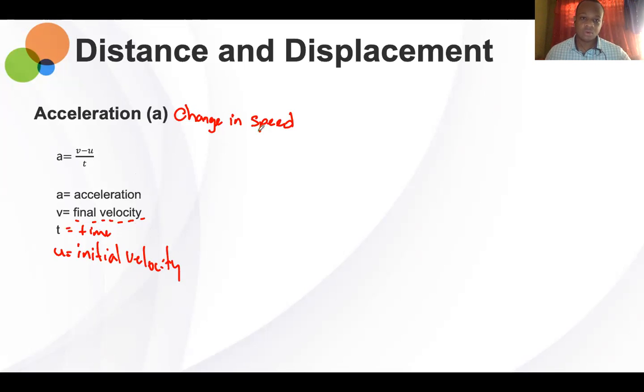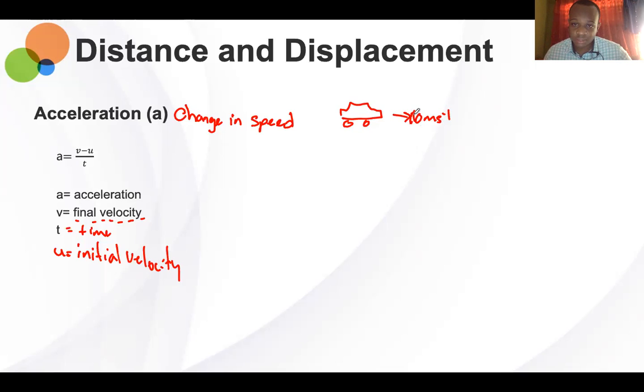All right, let's do a quick question. Our object, a car, is moving. Let me draw this car here quickly. So this car is moving in this direction at 10 meters per second. Remember, we said our unit for velocity is meters per second.